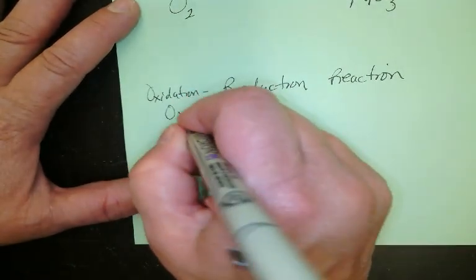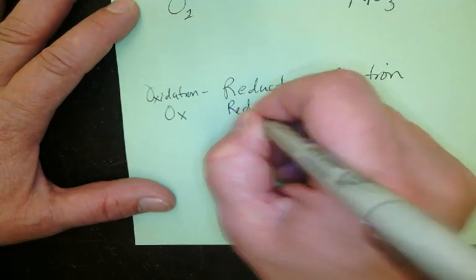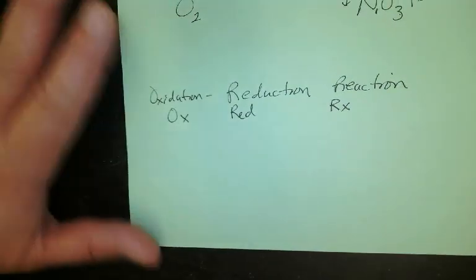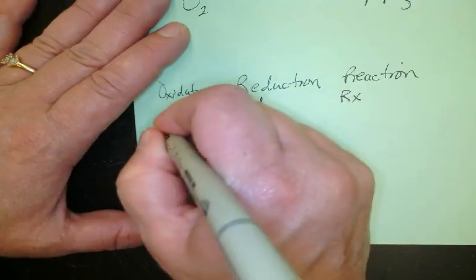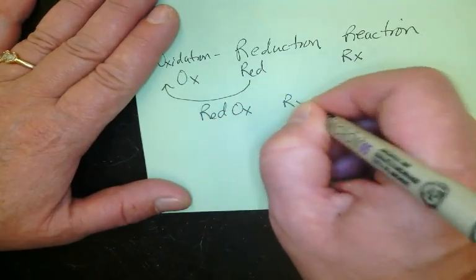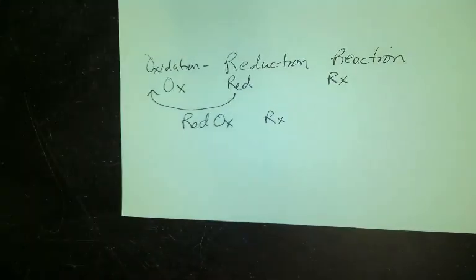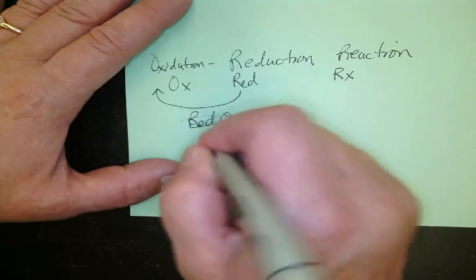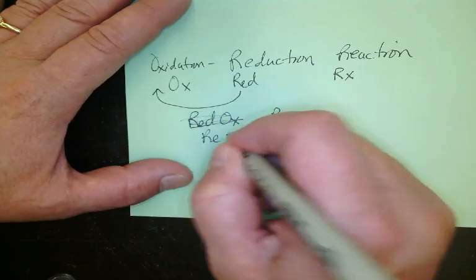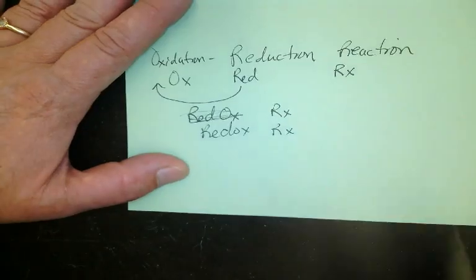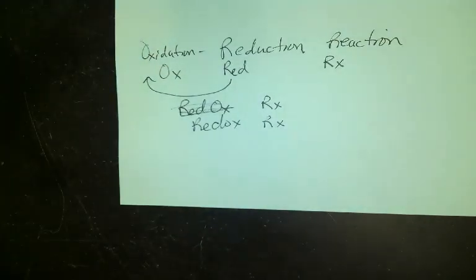I'm going to go ox, red, action. So now I'm going to put this over here, and I'm going to get redox reaction. Do you see how I got that? So this is called a redox reaction. Do you see where I got that?